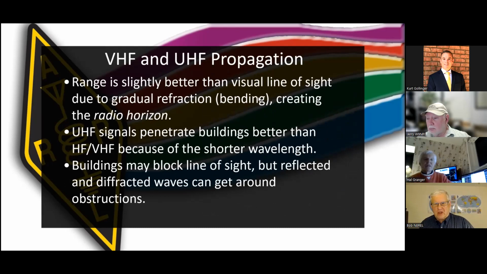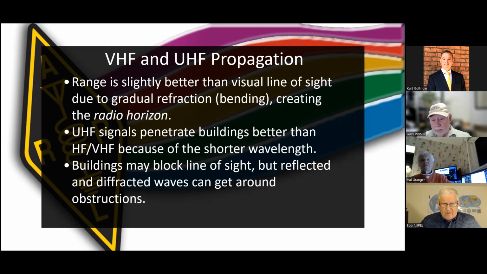For VHF, there is some bending, some refraction for VHF. So you're getting a little more distance than just the radio horizon. And again, we're talking about the radio horizon, not your horizon. For a person standing who's about 5.5, 6 feet tall, looking straight out, the actual visual horizon is only about 3.5 miles.